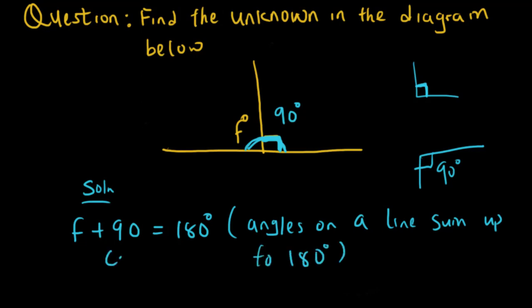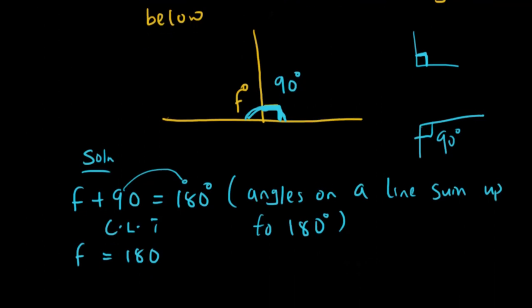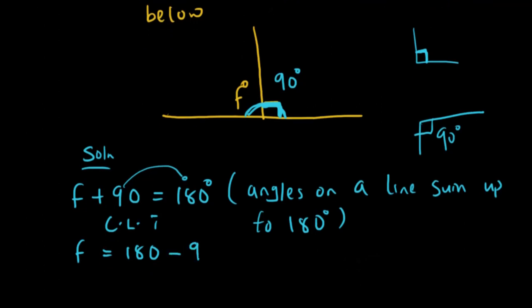So we collect like terms. 90 goes to meet 180. We have F equals to 180. When plus 90 crosses the equal to sign, it becomes minus 90. Do you understand? F equals to 180 minus 90 will give us 90. So we have 90 degrees. Does this make sense? So don't forget that box-like shape signifies 90 degrees.